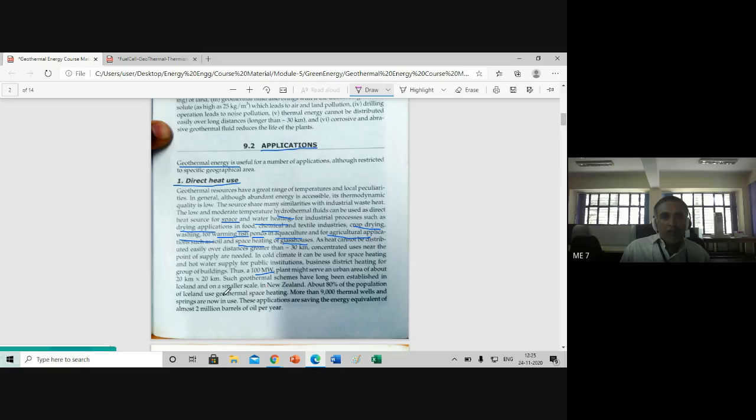Look, focus here: Iceland and New Zealand.